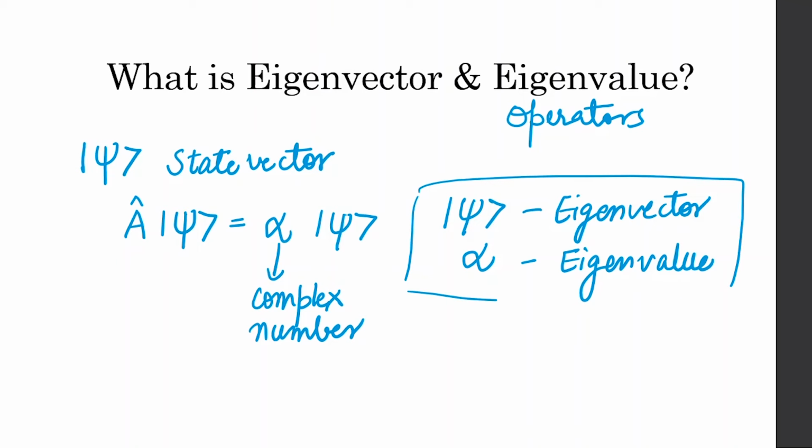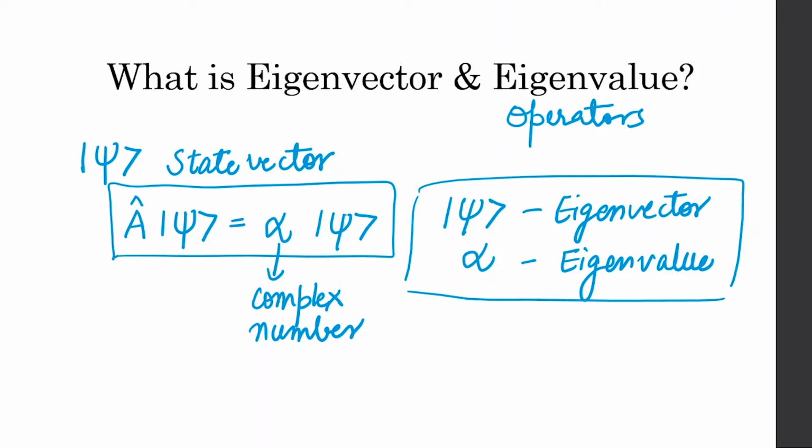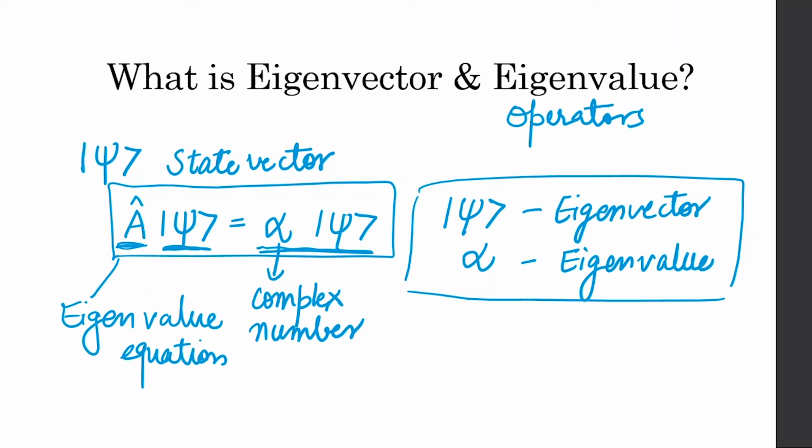We call this equation the eigenvalue equation. If we operate this operator on this state vector and we can write the result as alpha times the same state vector, then such a vector is the eigenvector of operator A, and alpha is the eigenvalue for the same operator.